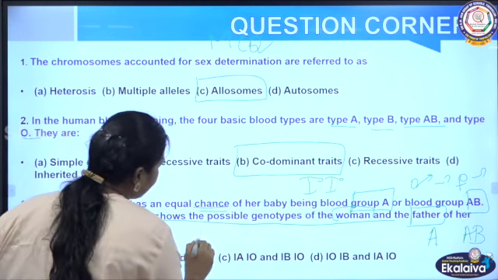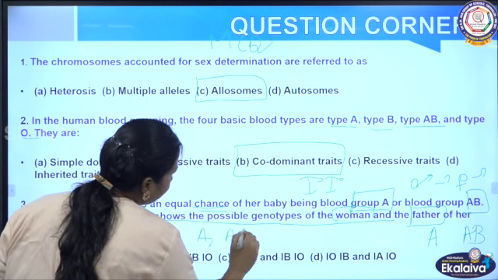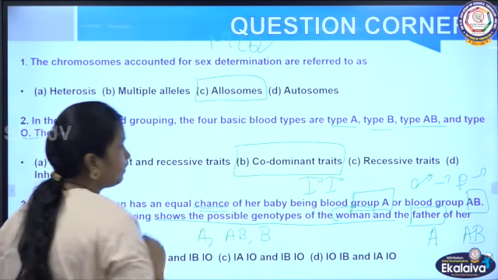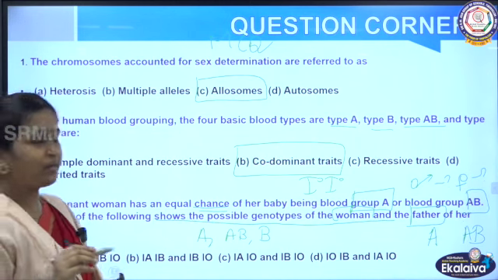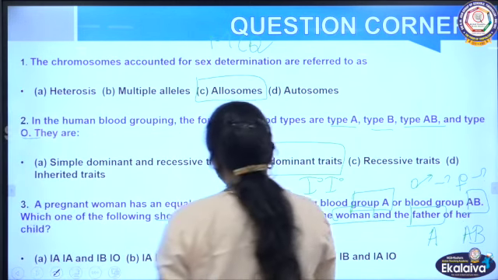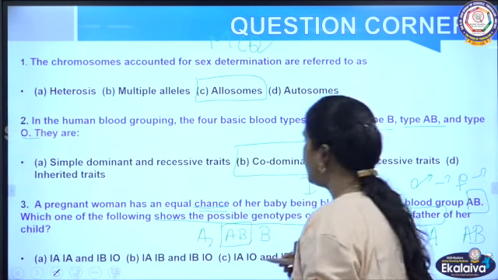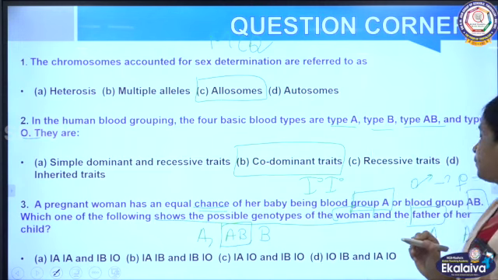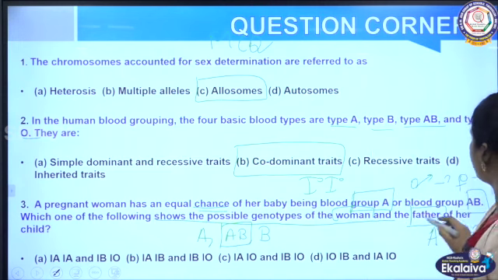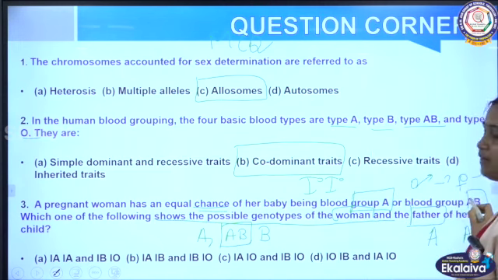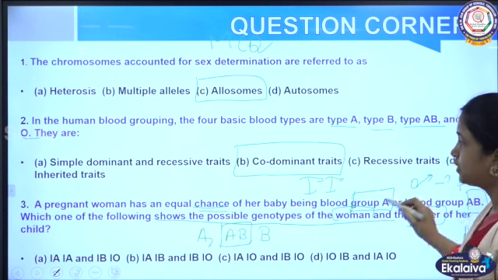Next blood group, what are we having? A, AB, B we are having. One is codominant. Which is codominant? If it is there, it will not allow the other blood group. So here the possible blood groups are A and AB. A is also there. So which one will it be?